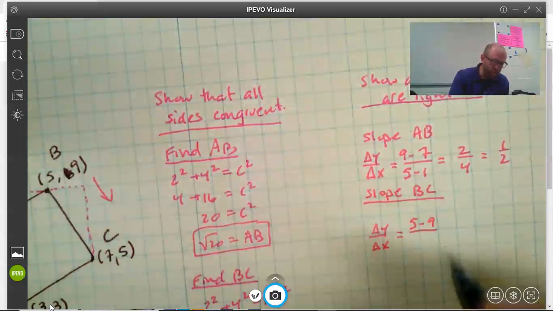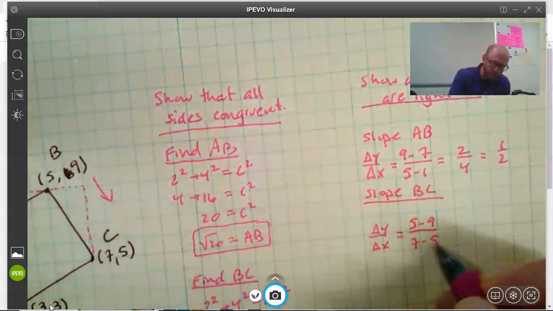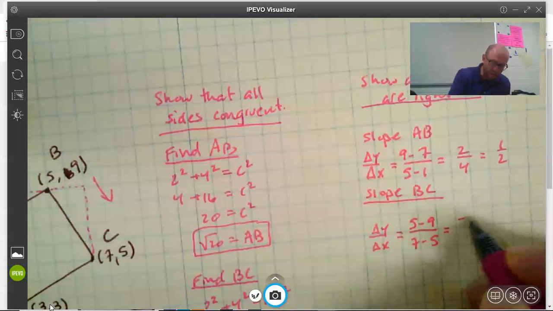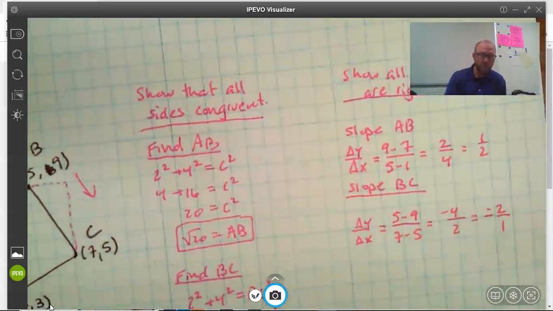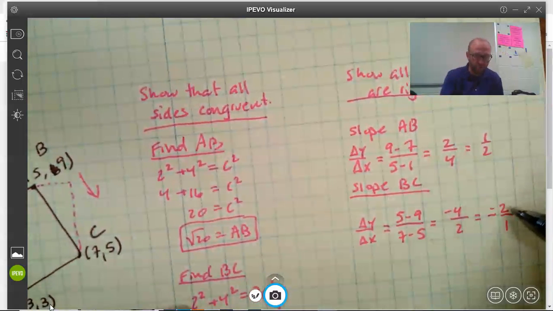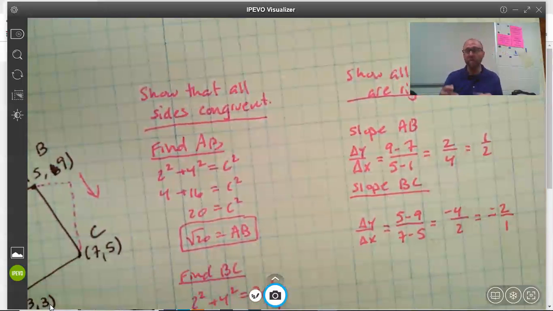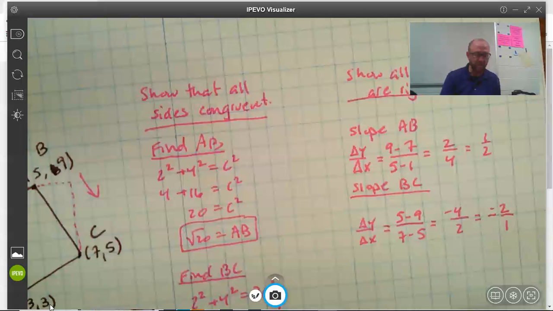Change in x is 7 minus 5. So that is negative 4 over 2, which simplifies to negative 2 over 1, which really is just negative 2, but I wanted to illustrate that negative 2 over 1 is 1/2 flipped upside down and with the sign changed. Okay.